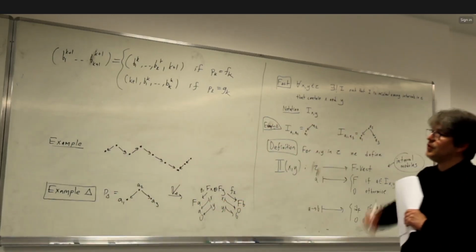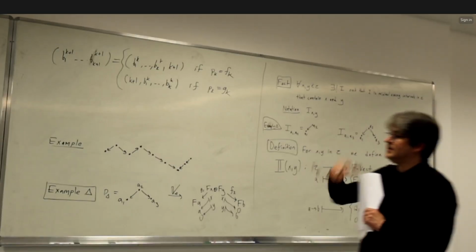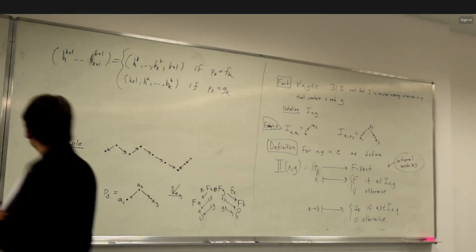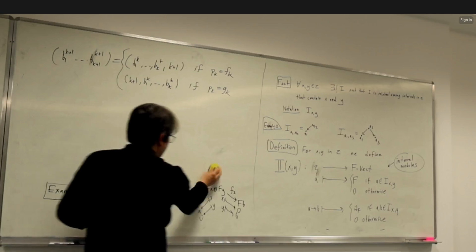So you recursively define ri's and bi's. So let's go over the example.